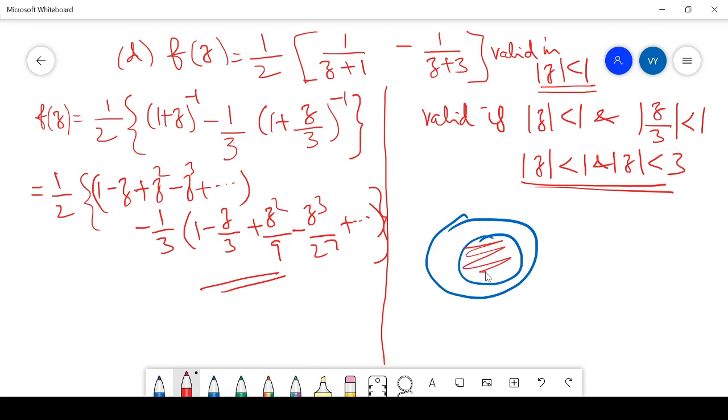Because here mod z less than 1 will be the circle. Mod z less than 3 will be the circle interior to mod z is equal to 3. And the intersecting point will be this. And of course you can see here, when I draw, sorry, I'll take another color. When I draw this, you can see that the common region will be interior to this circle, and therefore it is valid in mod z less than 1.